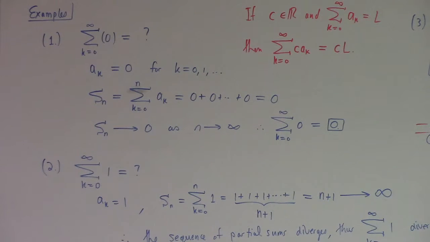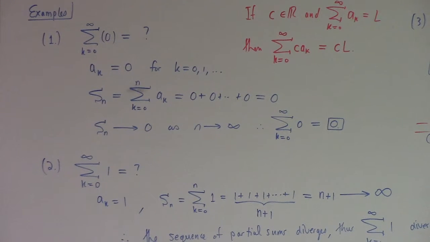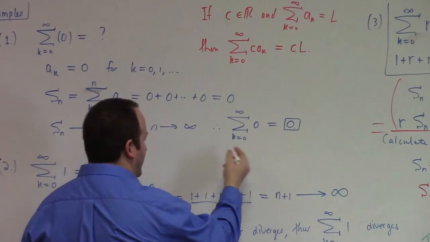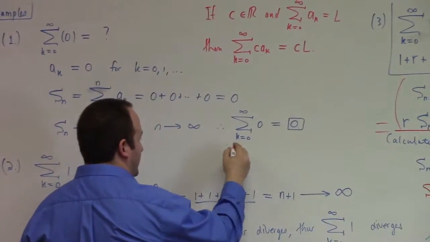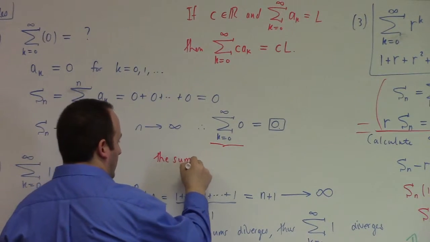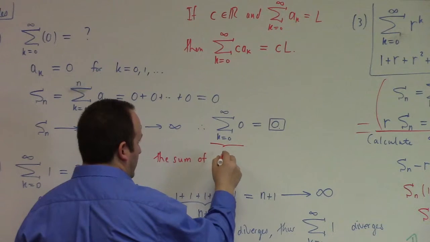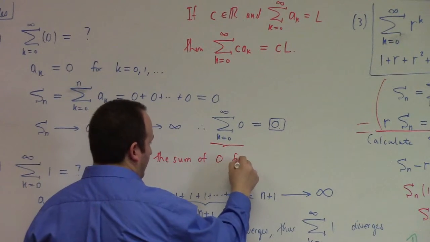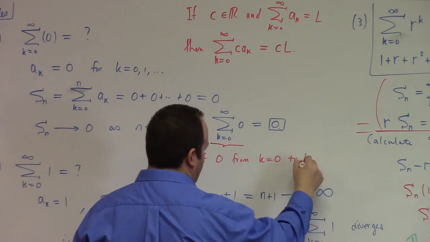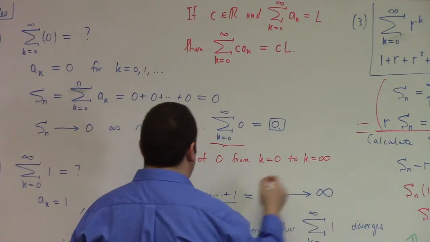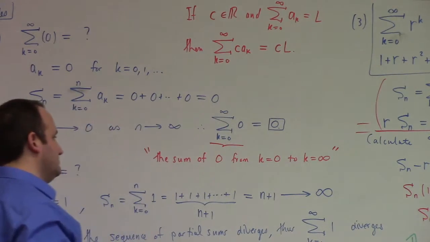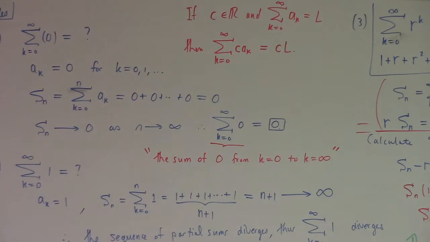Let me write that out in words for a second. You can hear me say these words, but maybe you don't have a way to write them down yet. This is read: the sum of 0 from k equals 0 to infinity. That's how I verbalize that.